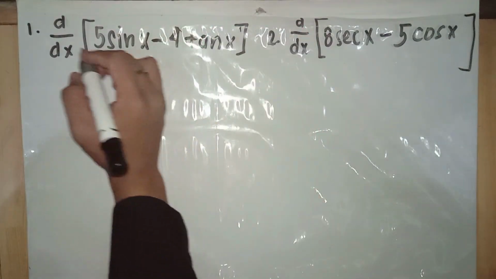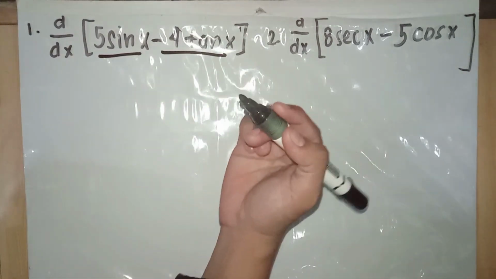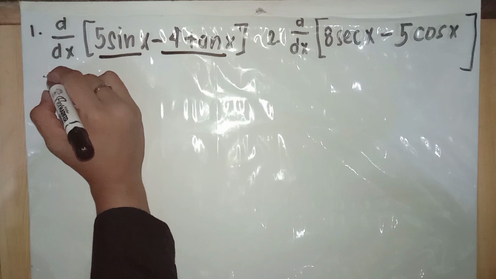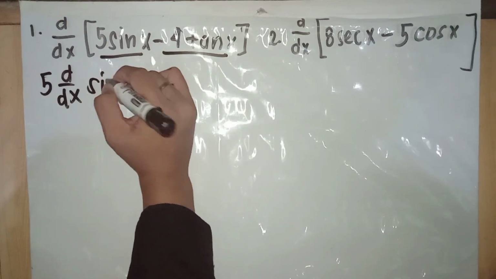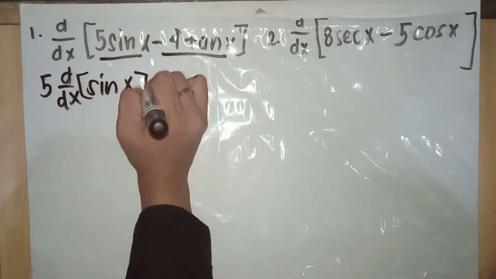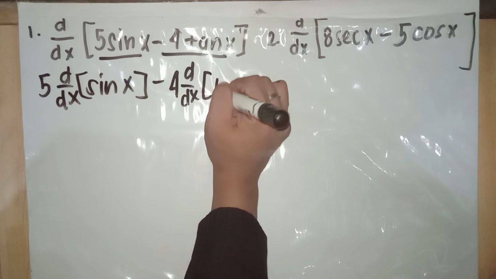For the first example, we are going to find the derivative of 5 sine x minus 4 tangent x. We will first write it as 5 times the derivative of sine x minus 4 times the derivative of tangent x.